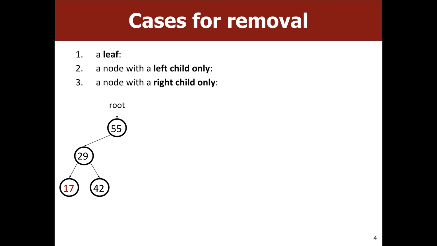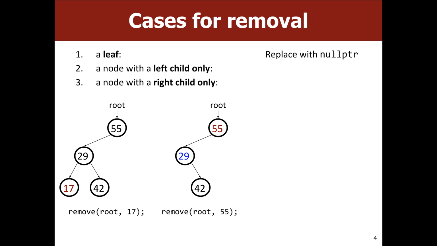So here, as a refresher, when we had a leaf, we said that one was really easy because we could just get rid of it, right? Then when we had only a left child, what did we replace it with? If we were trying to remove 55, what did we replace 55 with?